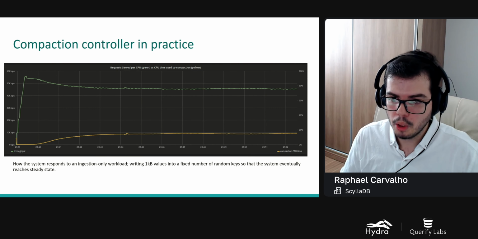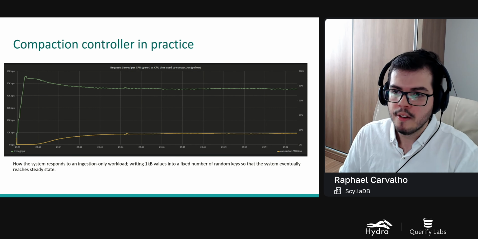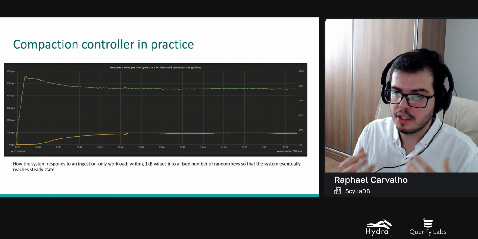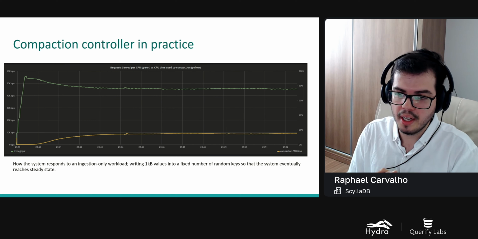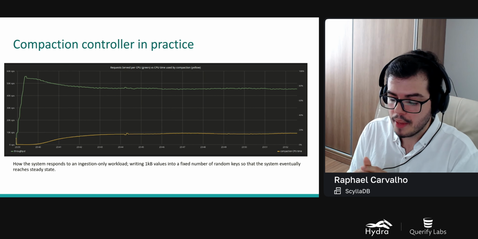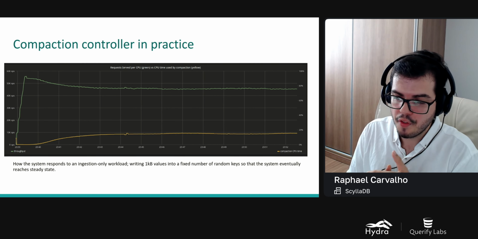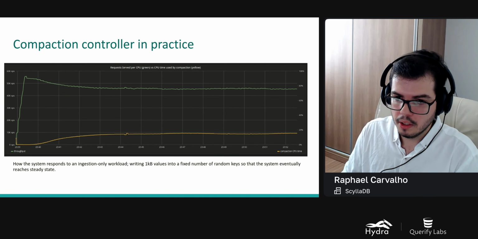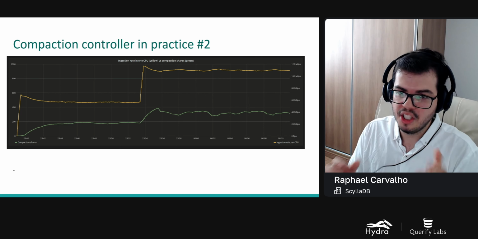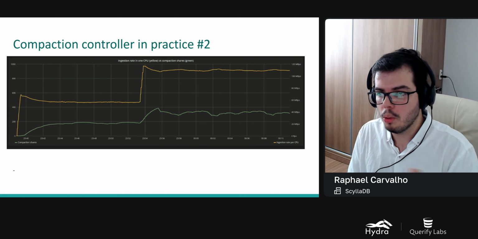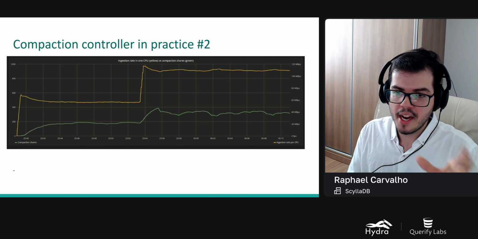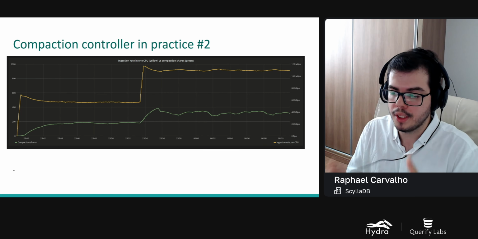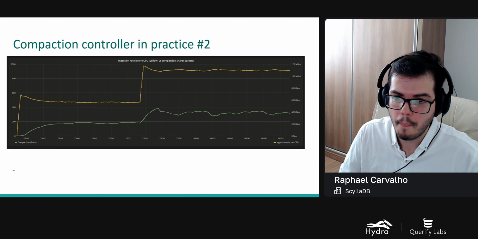So for the compaction controller in practice, you can see that as we reach steady state, the system behaves in a very predictable way. And this is a good example which shows that when the workload changes all of a sudden, the compaction controller is able to react to that and find the new amount of resources that should be dedicated to compaction.